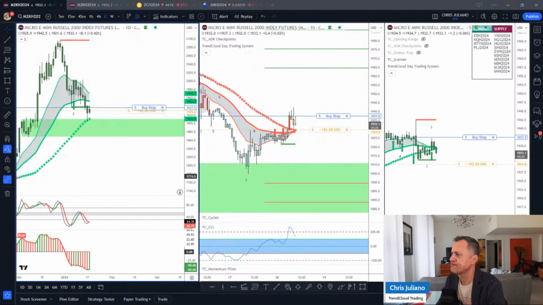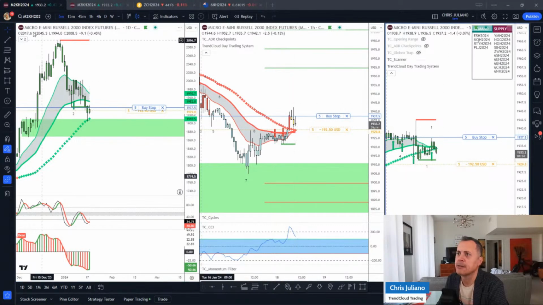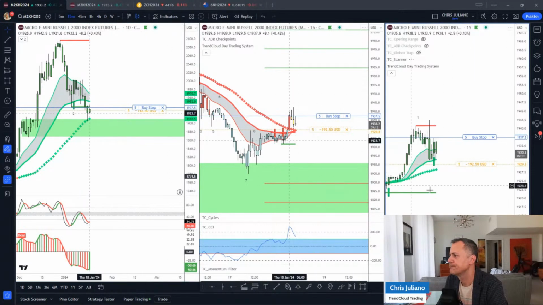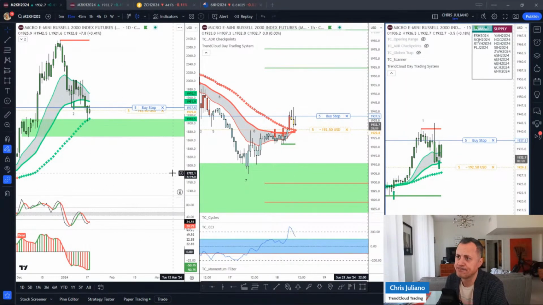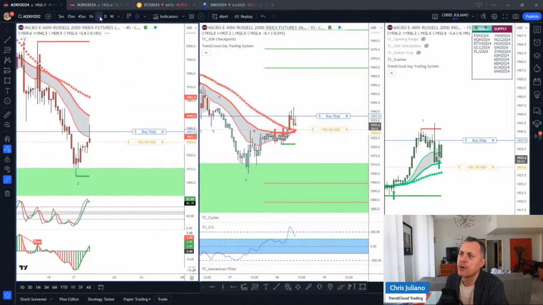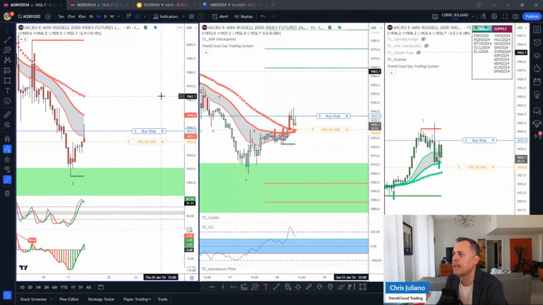Pulling back, right? Starting to pull back below that 5 minute, and has not entered the 15 minute signal as well. So this thing is pulling back. 4 hour. Okay.